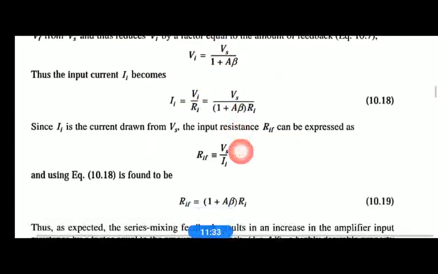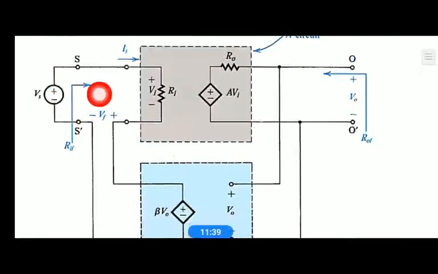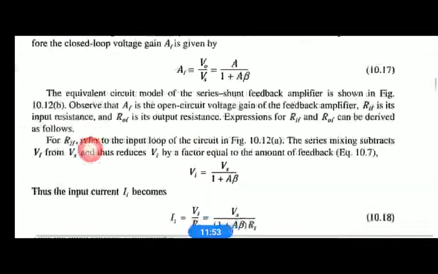Further, we know what RIF is. RIF is the resistance looking from between S and S dash. The current flowing here is Ii and the voltage applied here is Vs. Therefore RIF is Vs by Ii.